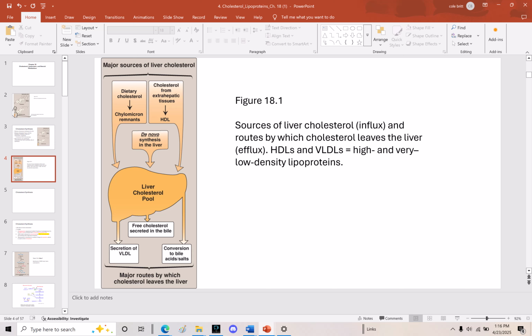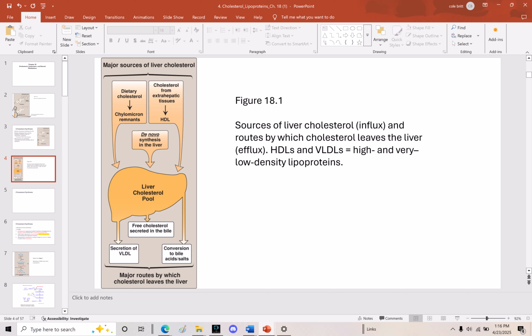So sources of cholesterol. Remember, sources can come from the diet. If you eat animal products, you will have dietary cholesterol. The chylomicron will carry that cholesterol from your diet to the liver. Your tissues, if they have excess cholesterol, HDL will carry it not to tissues, but back to the liver.